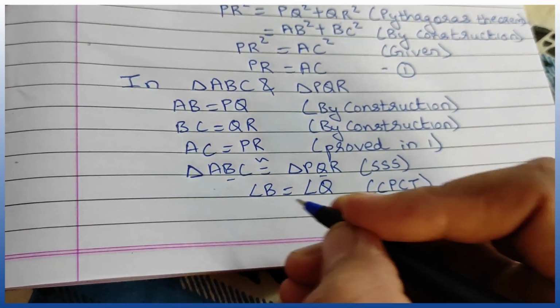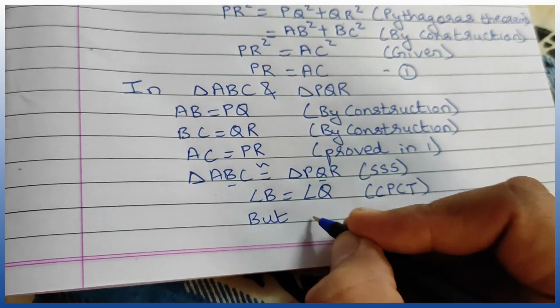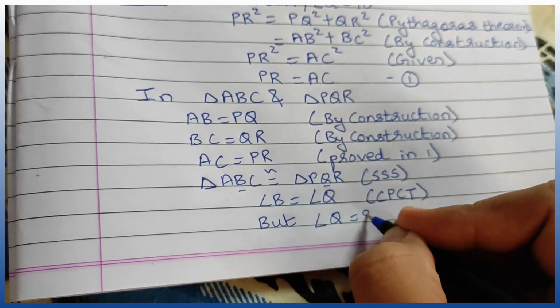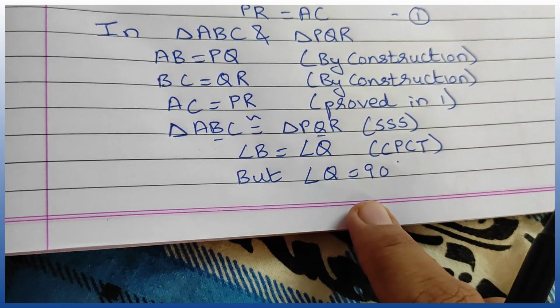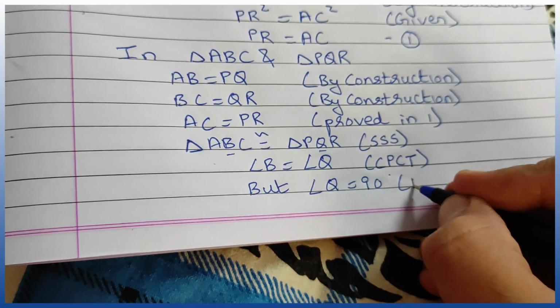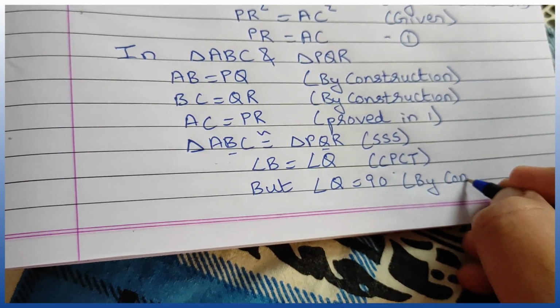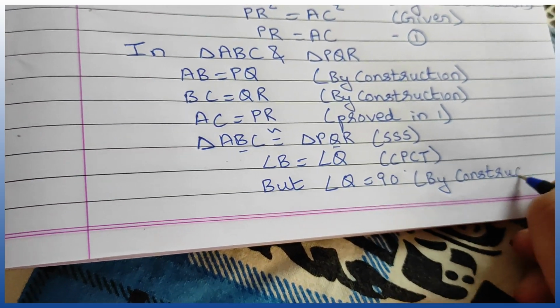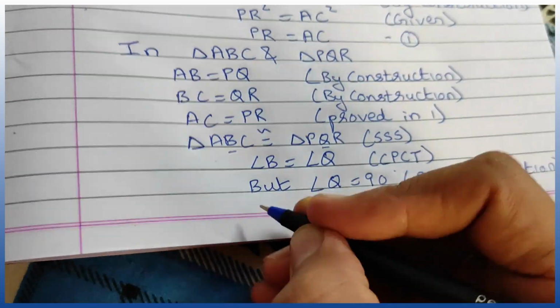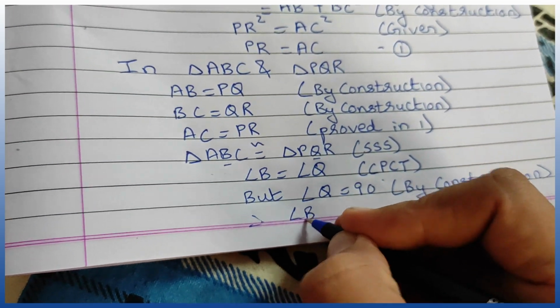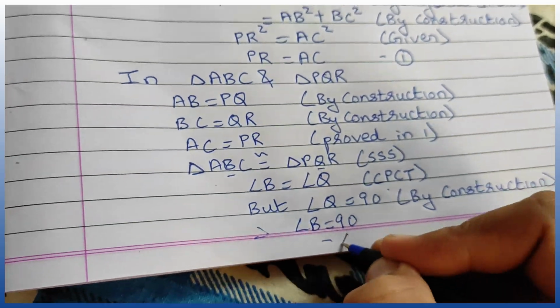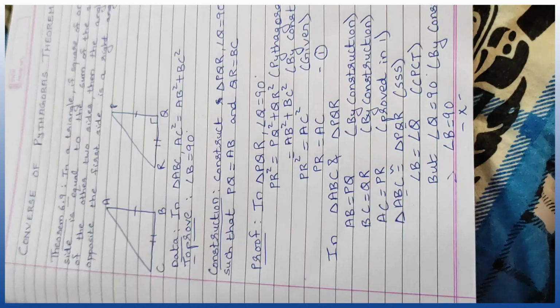So angle B equals angle Q. But in construction, angle Q is 90, right? So because angle Q is 90 and angle B and angle Q are equal, hence we prove that angle B is also 90. So students, here we complete a very simple theorem which is called the converse of Pythagoras theorem.